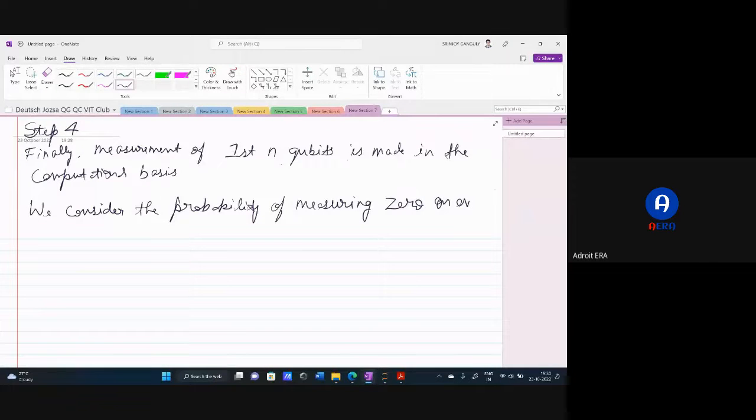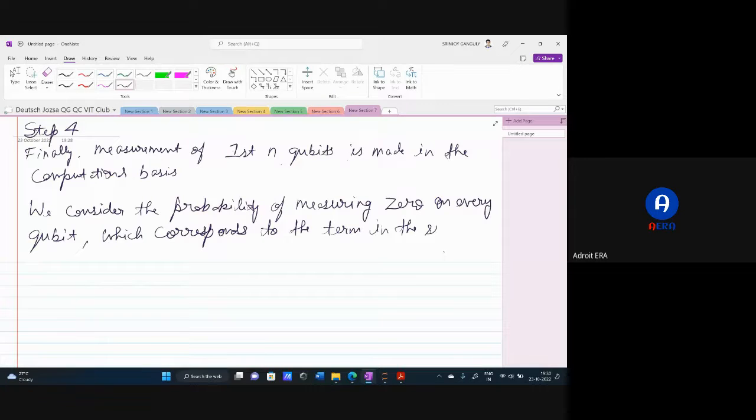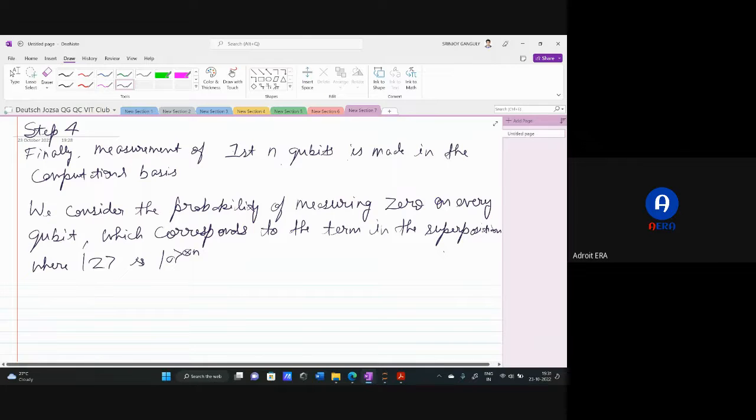If something else is coming other than all zeros, that means the function will be balanced. If all zeros is coming, it is constant.